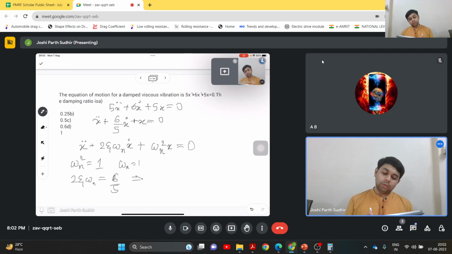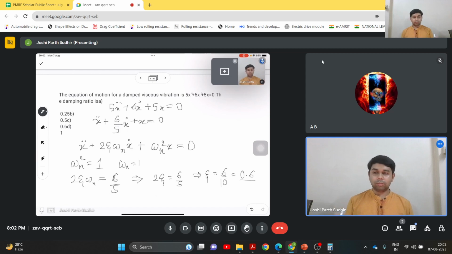So 2 zeta is 6 by 5, which gives zeta equal to 6 by 10, which is 0.6. The correct option is zeta equal to 0.6.